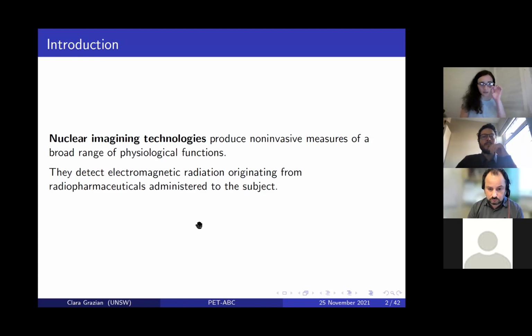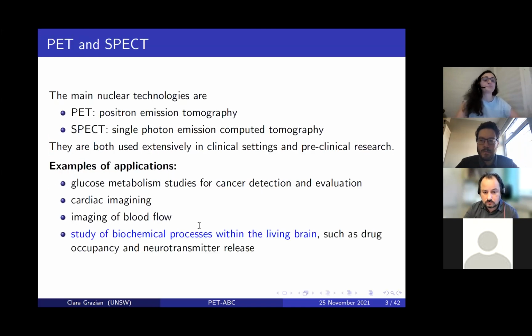The idea is that a subject is administered a radiopharmaceutical, which emits some radiation. And so there is a machine detecting this radiation coming from the tracer.